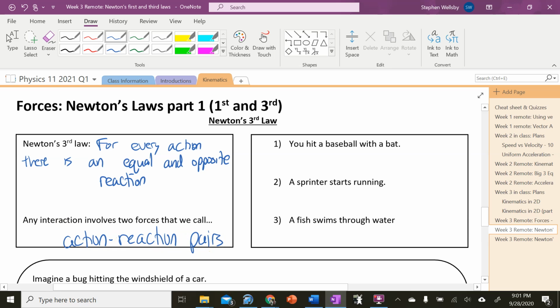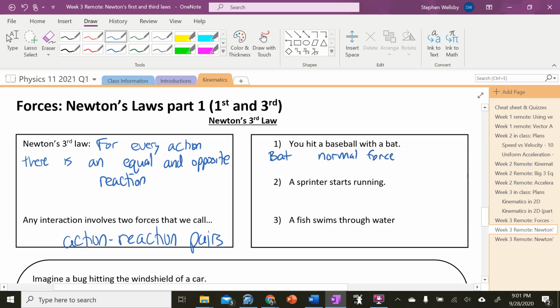Okay, so in this case, we're going to take a look at the first one. The first example here is you hit a baseball with a bat. When that happens, I'm going to write this in a very specific way so that we get into the habit of thinking about it the same way. So the bat applies a normal force.